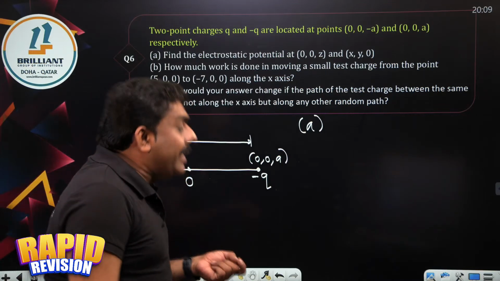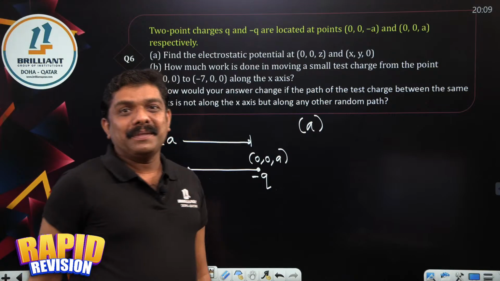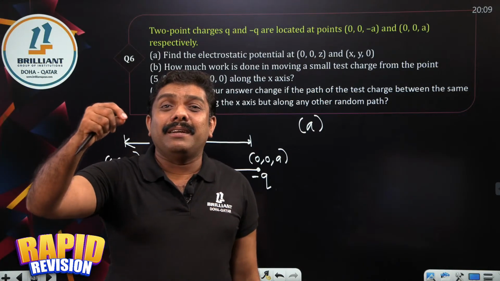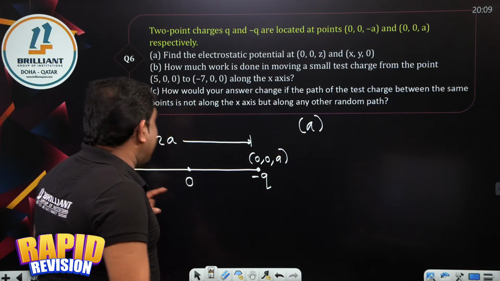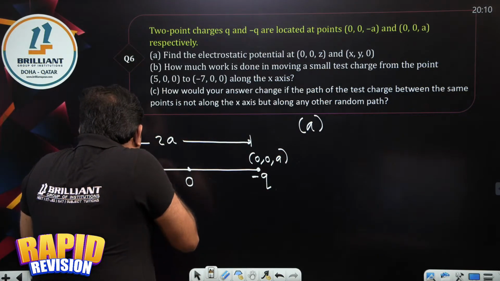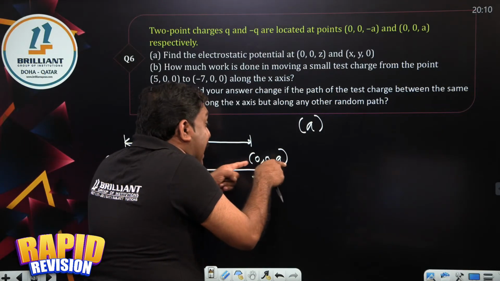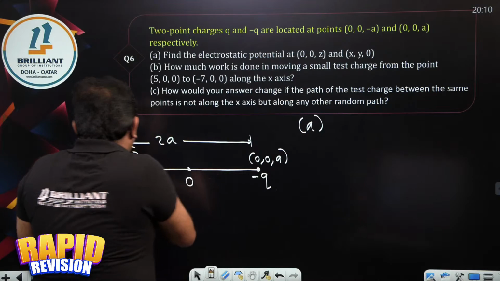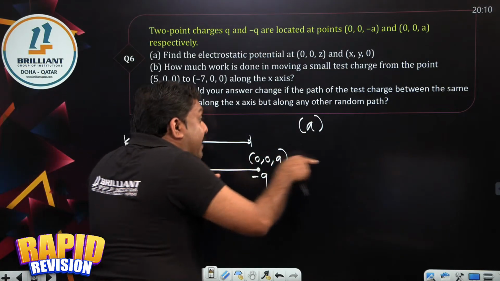Please take care, look. What does (0, 0, Z) stand for? (0, 0, Z) means it is a point on the Z axis. The dipole is along the Z axis, along (0, 0, -A) and (0, 0, A).